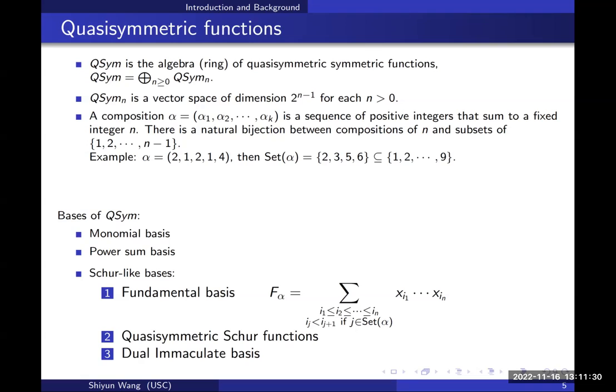For example, the fundamentals. I wouldn't consider the fundamentals Schur-like, so I'm trying to understand. For all of those bases, we can get them combinatorially. They are all generating functions of certain types of tableaux, which are similar to the Schur. Okay, so I will go through the definition.